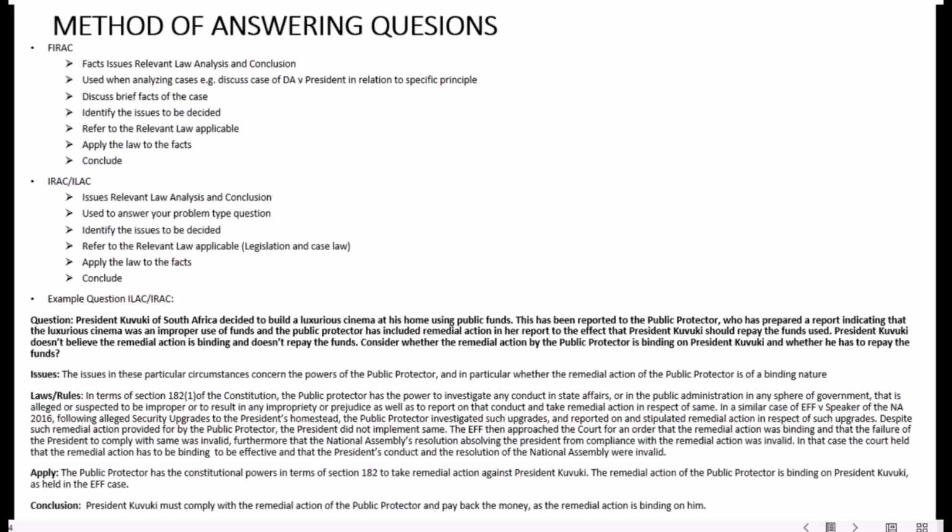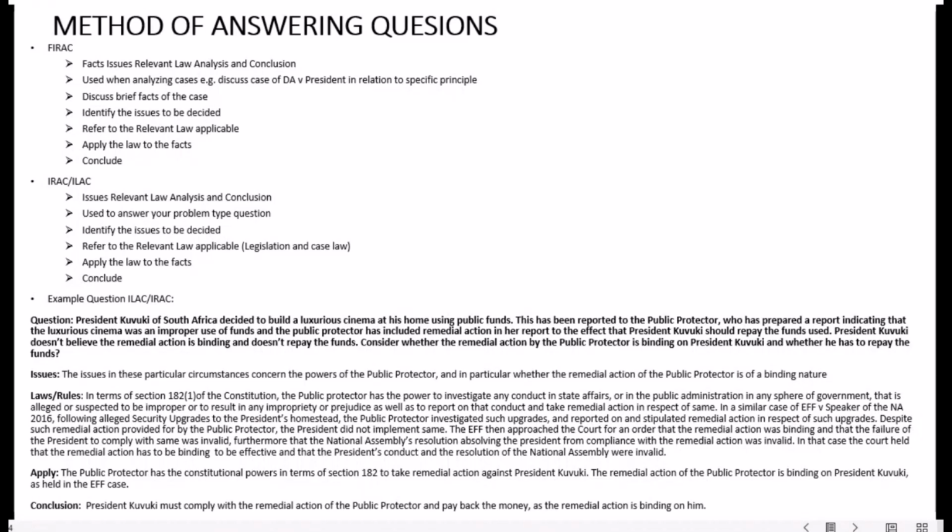So you see, you are already linking it to the issue at hand by referring to the specific section. And then you can say, in a similar case of EFF versus Speaker of the National Assembly 2016, following alleged security upgrades to the president's homestead, the public protector investigated such upgrades and reported on and stipulated remedial action in respect of such upgrades.